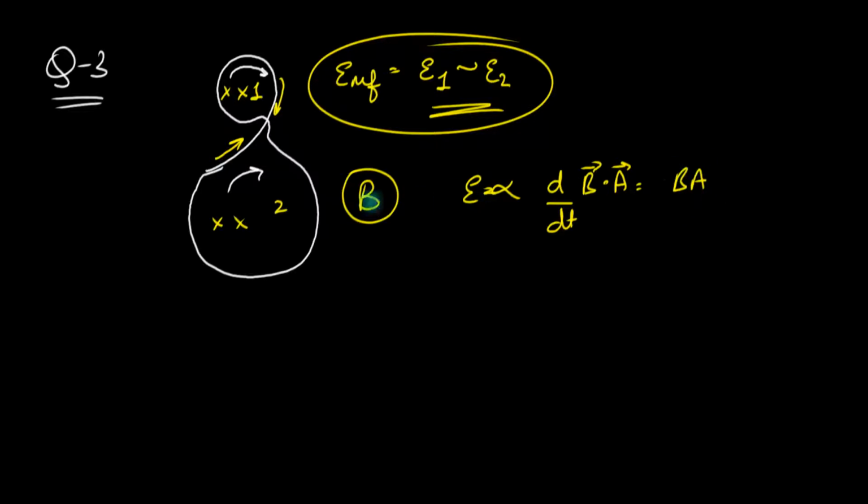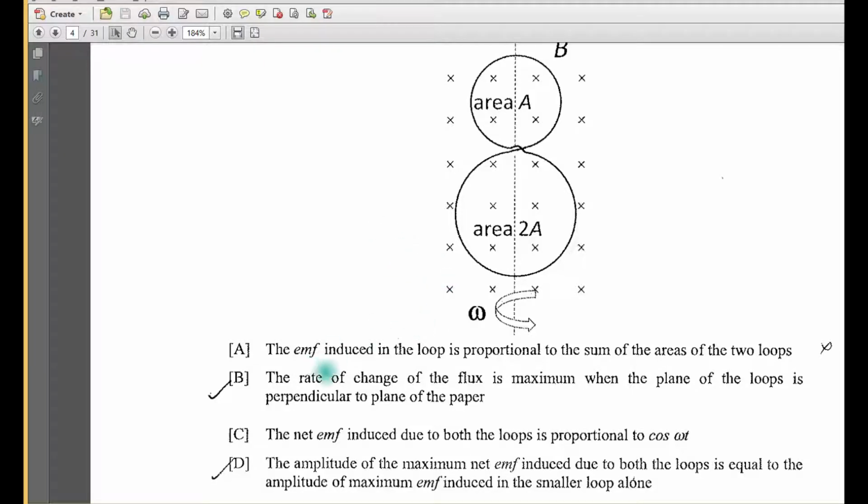Right now the angle θ between them is 0 degrees. When you do this, we get BA. You have a cos there at some angle, you get a sine, ω t, and when θ is 0, EMF is 0. Can you see that? This is a pretty standard problem, so B is right.